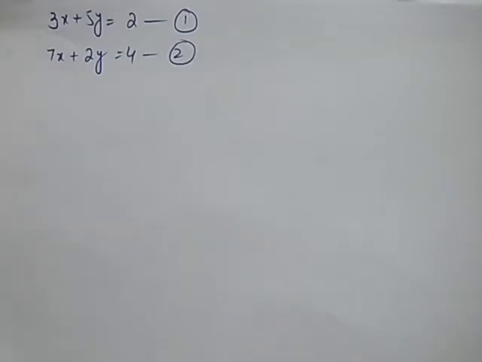So what to do? Just recall the questions of the elimination method, as we did in exercise 2e: if the coefficients are not the same, first of all we have to make them the same. Either you can make the coefficients of x the same, it's up to you, or the coefficients of y.